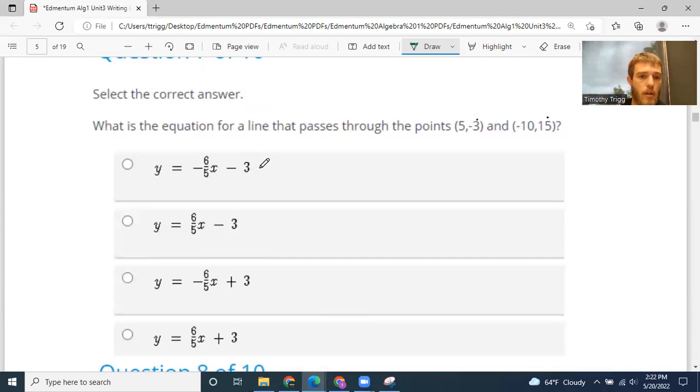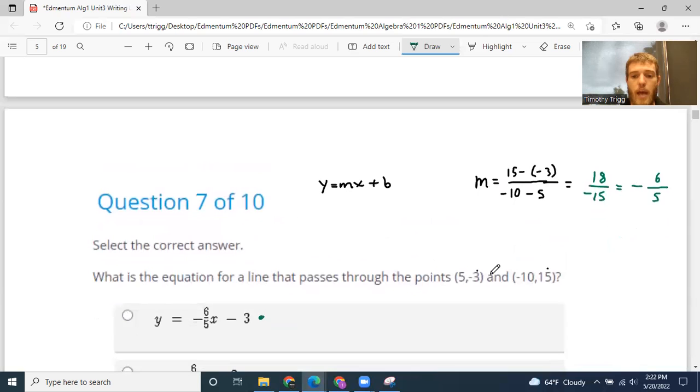Okay, so in other words, is my b -3 or is my b 3? Well, I could use either of these coordinate points to help me find my b now that I have my slope. I'm going to use this first point here, 5, -3. So I'm going to replace the x with the 5 and the y with -3.